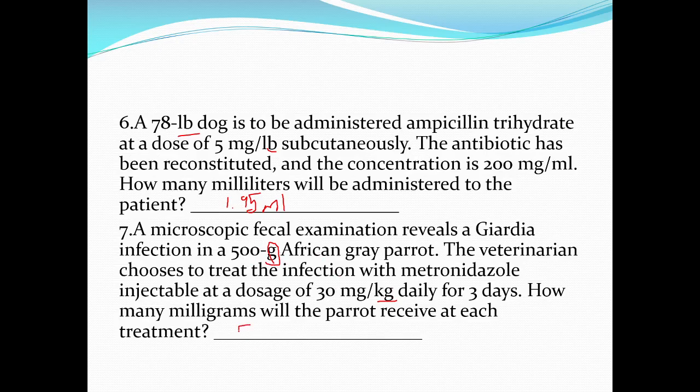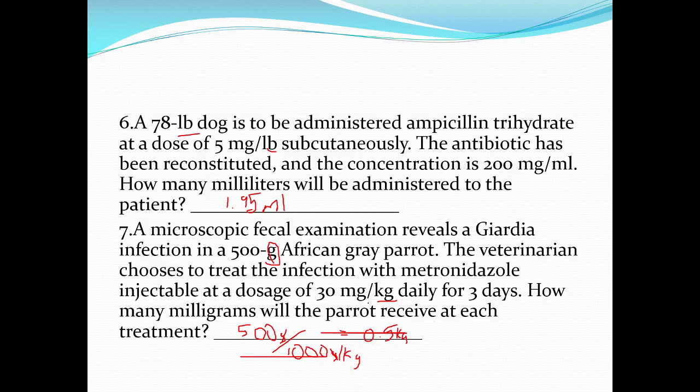We're going to go up the steps. 500 grams divided by 1,000 grams per kilogram. Take the grams away, and this gives us 0.5 kilograms. 0.5 kilograms is our weight.